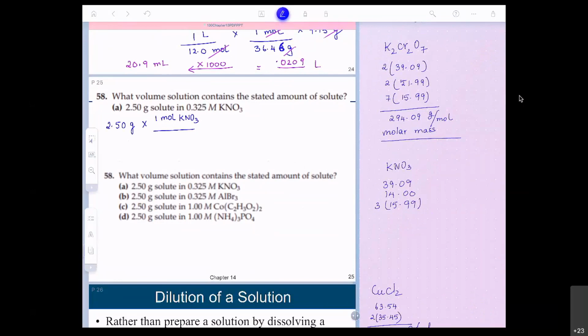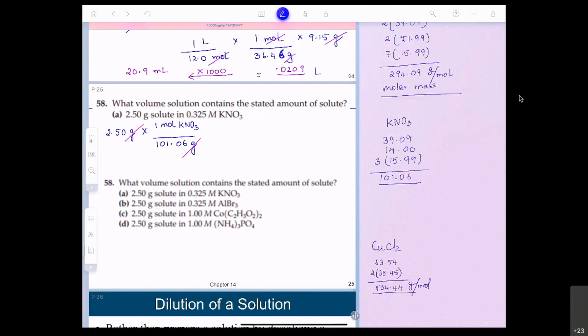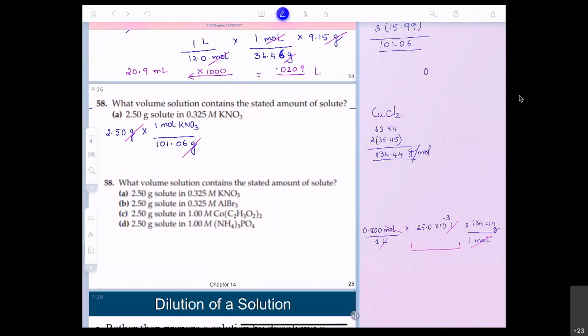So I'm getting this as 101.06. I'm going to write 101.06 grams. So my goal is first to cancel out the grams. So I got moles on the top, so I want to cancel out the moles. So let's look at what we have here. This is 0.325 molar.